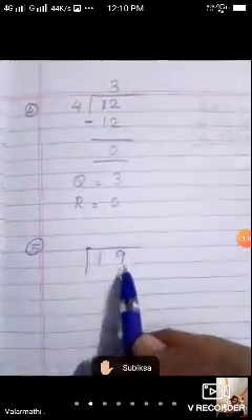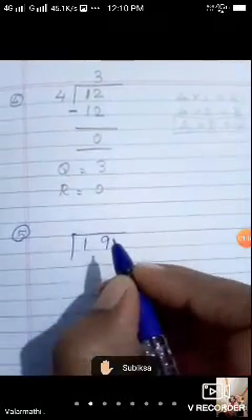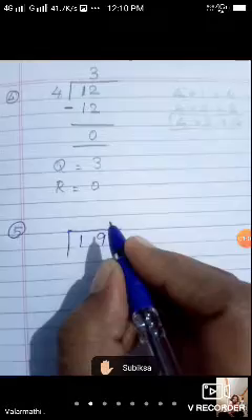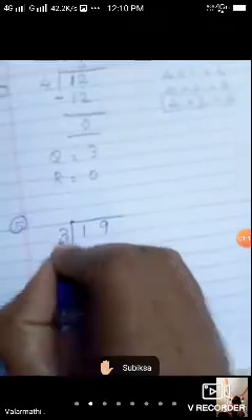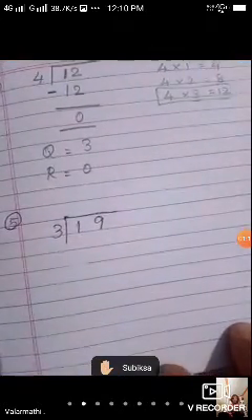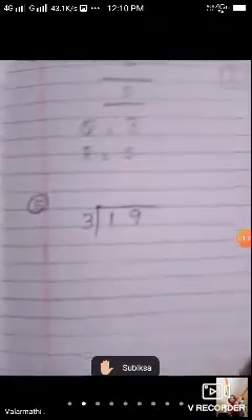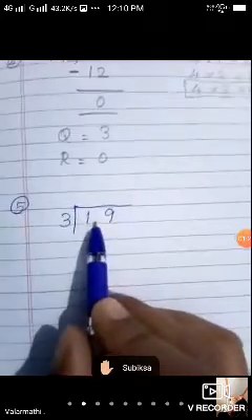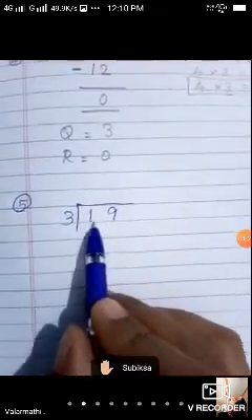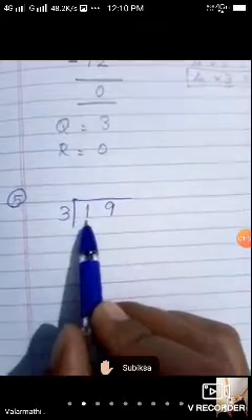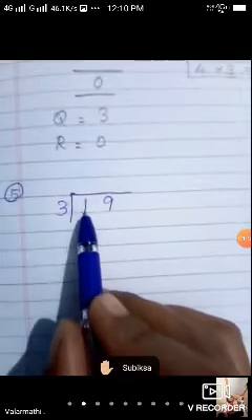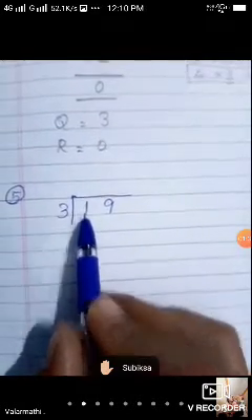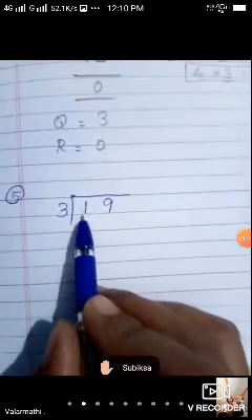So if you are having two digits, divide and check the tens place and see this. If it is equal, you have to do this separately. If I am having 3 here, I have to do this separately.